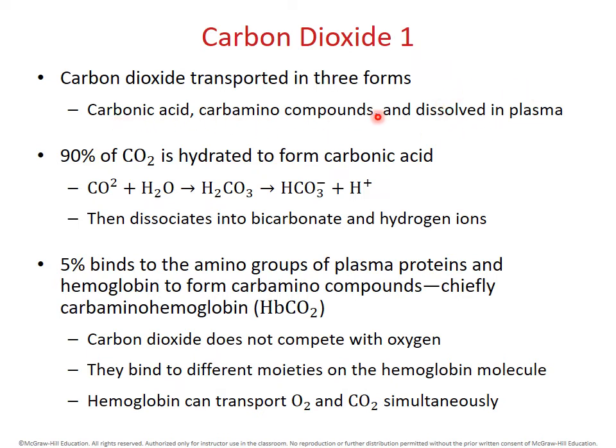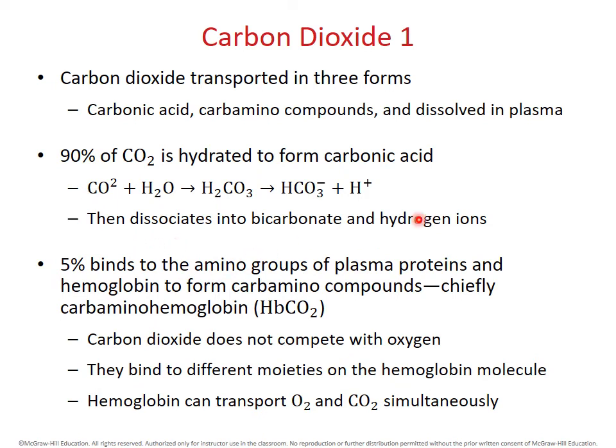Now, of these three transport modes, carbonic acid is by far the most common. About 90% of carbon dioxide is transported in the form of carbonic acid. About 5% is going to be bound to hemoglobin as carbaminohemoglobin.